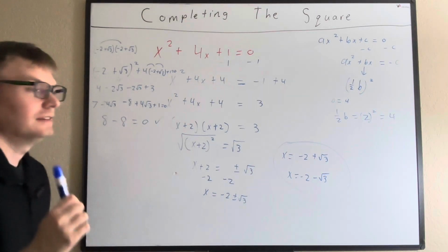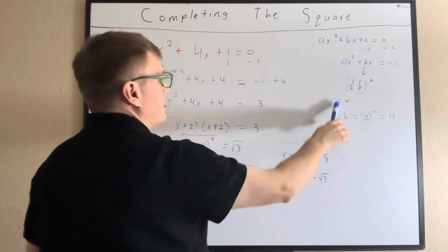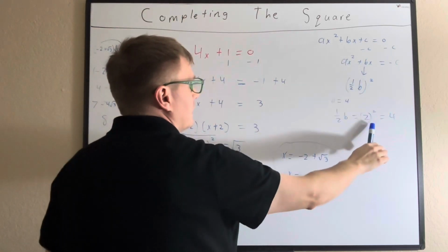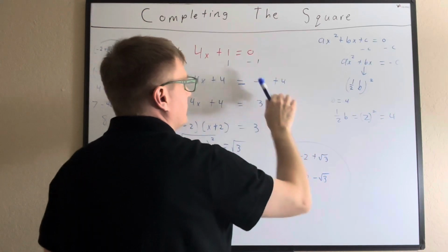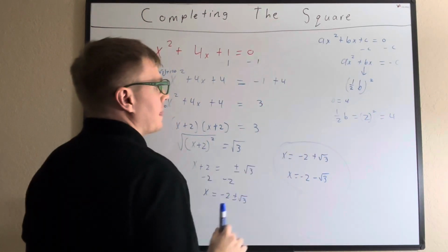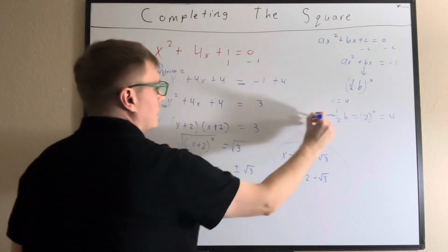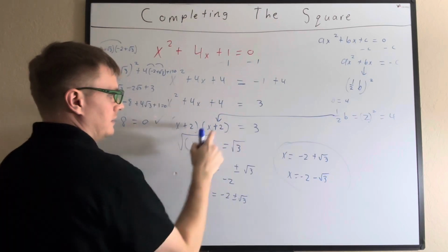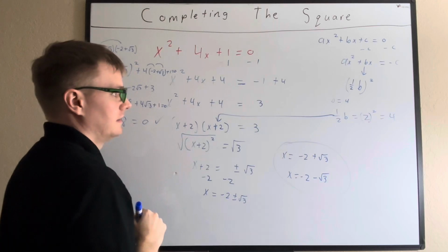Now, a little tip to help you do this a little faster when you're going through these steps. 1/2 b squared is what you need to add to the other side, right? But 1/2 b is the part of the binomial that you're going to be squaring when you factor it.